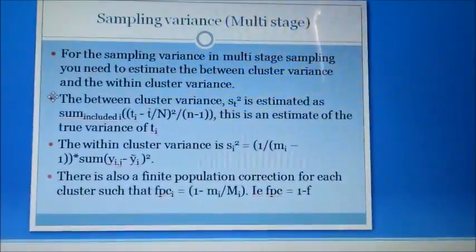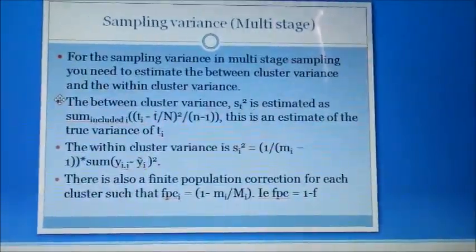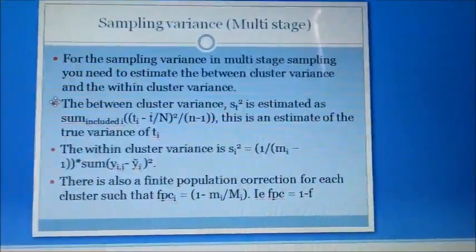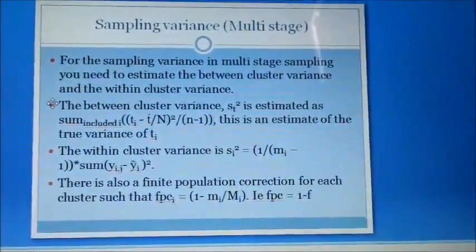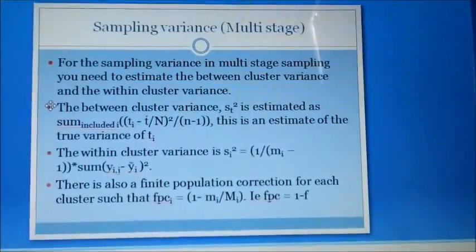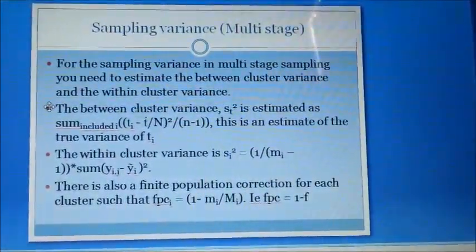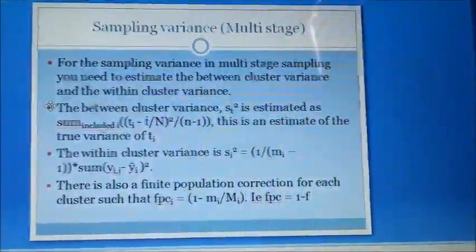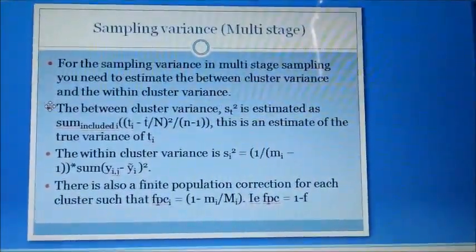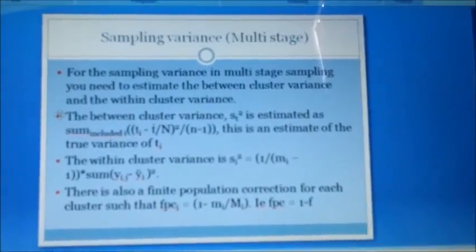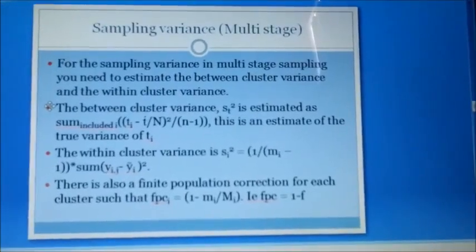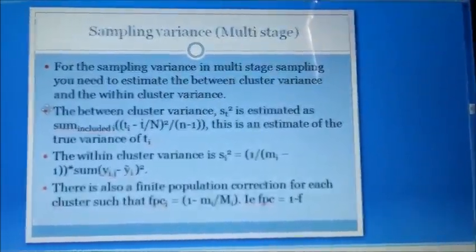So for multi-stage sampling, the sampling variance requires you to estimate the between cluster variance and the within cluster variance. The between cluster variance, lowercase st squared, is estimated as the sum of all clusters included in I of Ti bar minus T dot on N, all squared, and then this is divided by n minus 1.